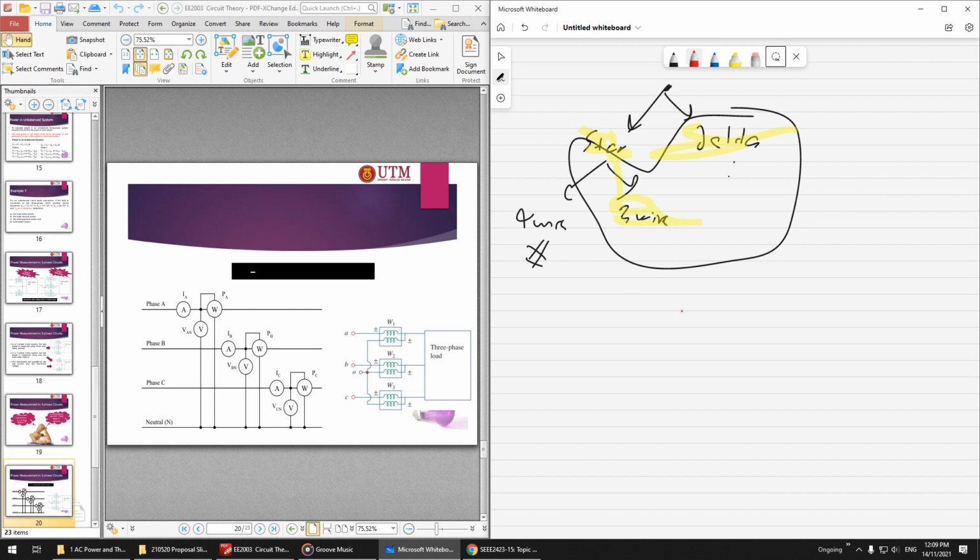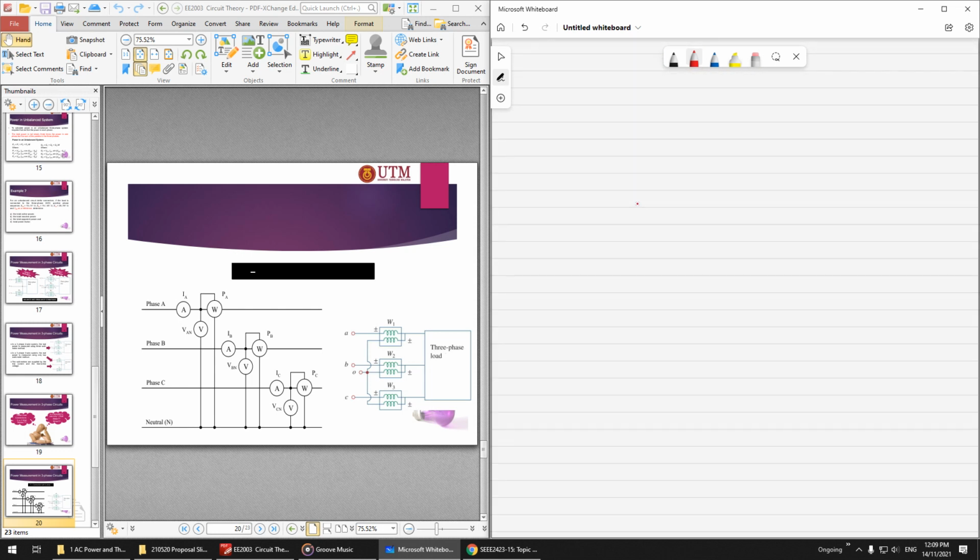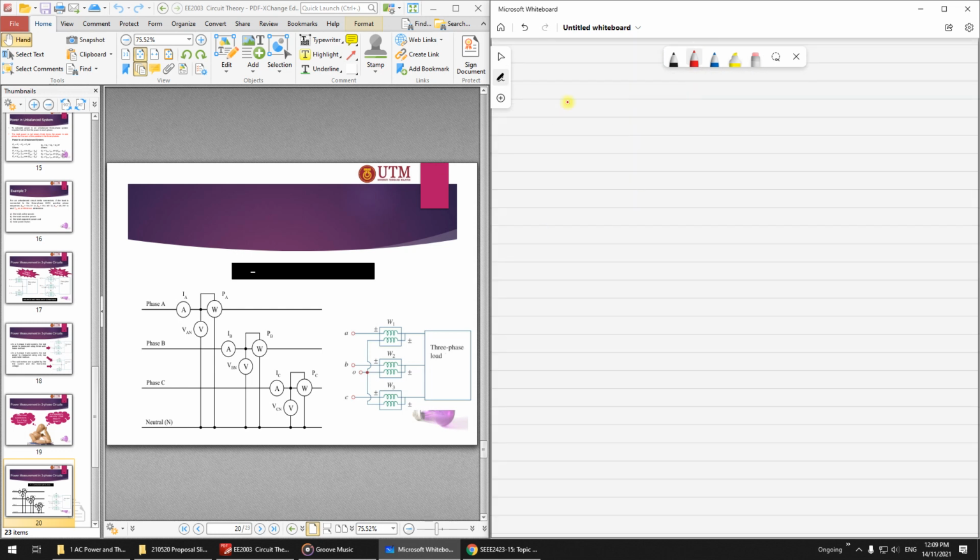Remember star connection, star 4 wire: P is equal to V phase times I phase.